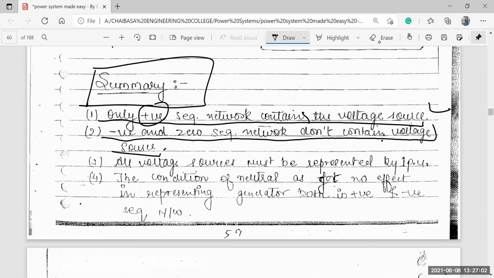All the voltage sources must be represented by 1 per unit system. That is a very necessary part. The whole voltage sources must be represented by 1 per unit.